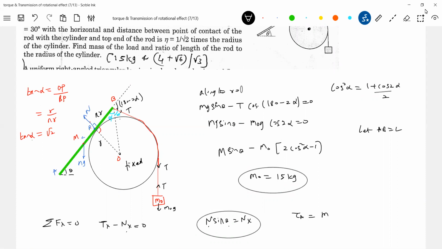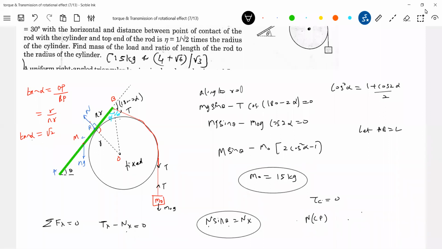Net torque about A on the rod should be 0. mg L by 2 cos theta. This will be clockwise plus N into, we don't know the distance. So if you want, you can directly write about C instead of this, so that we can avoid this and minimize calculations. This should be N into, what can be the distance? CP.